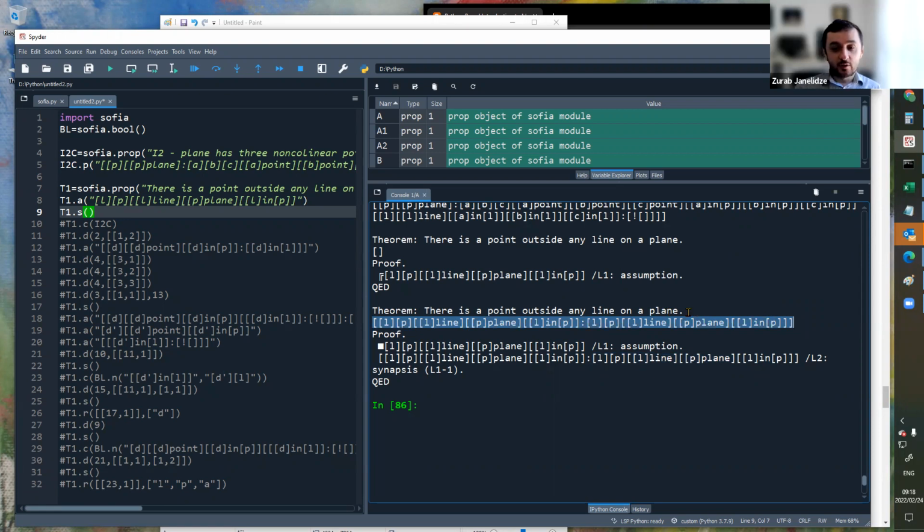So this is just to remind you one more time that what Sophia shows us here is how she interprets what we have proved and not what we wanted to prove. And this is good because if what she shows us here at the end will match with what we wanted to prove, it means that our proof is correct. So this is how she helps us with the proof. She verifies the proof for us in that way. I'm proving something. She will never allow us to make an illegal step.